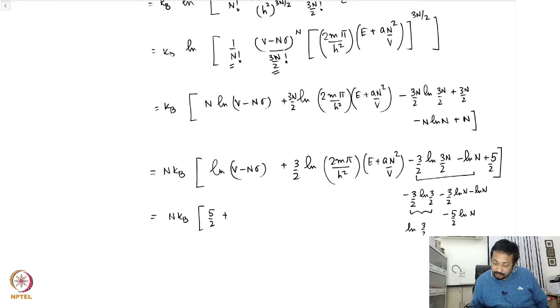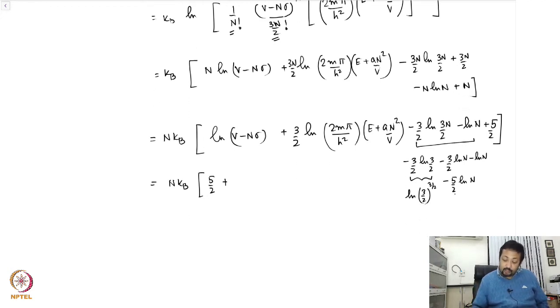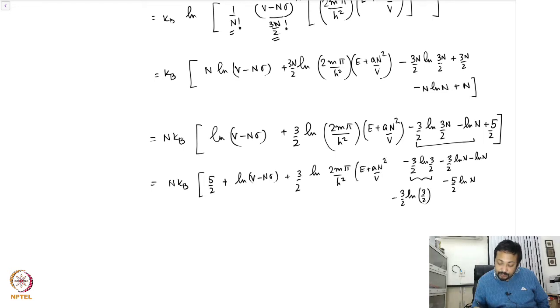And this term is going to be ln 3 by 2 raised to the power 3 by 2, right? So this is just a constant term which is not very interesting to me, but anyway, we will keep the 3 by 2 here, minus ln 3 by 2, so that I can combine it over here. This is going to be V minus n sigma plus 3 by 2 ln twice m pi over h square times E plus a n square over V, and then these two terms.